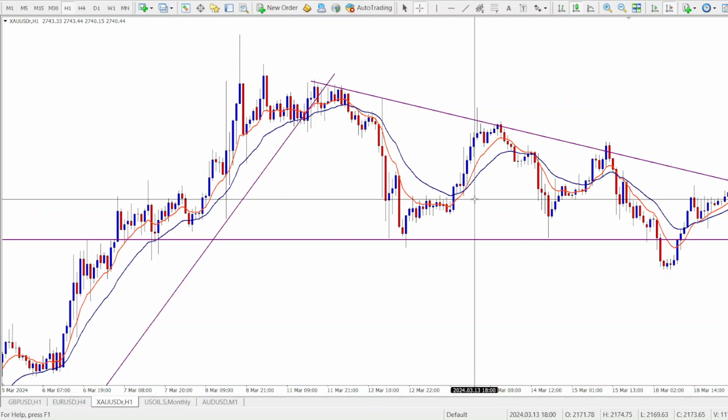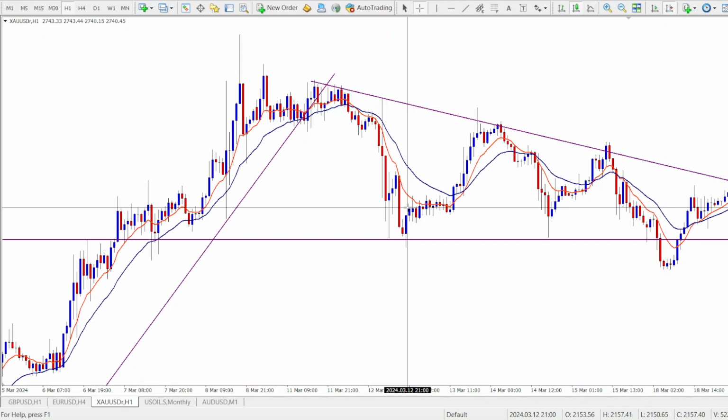But in previous videos on this channel, we have talked about some aspects of support and resistance. So you are going to understand better if you check out some previous videos where we covered support and resistance zones. But just briefly, it's very easy to identify a support zone.